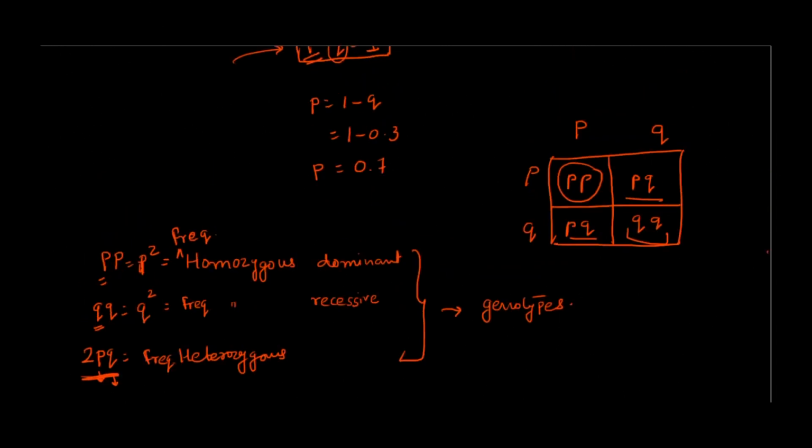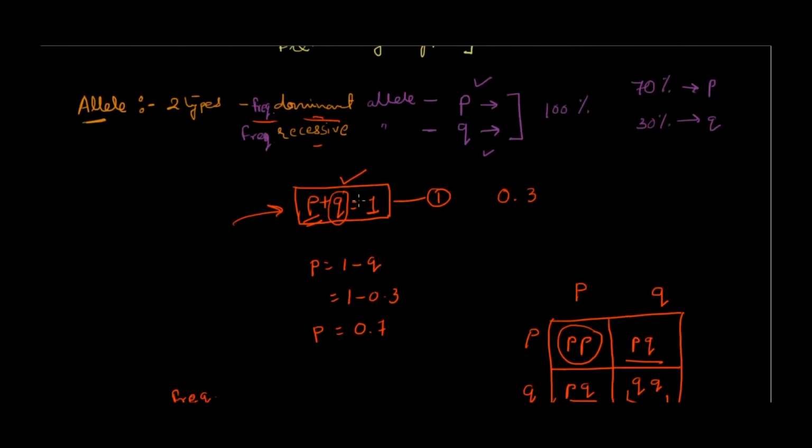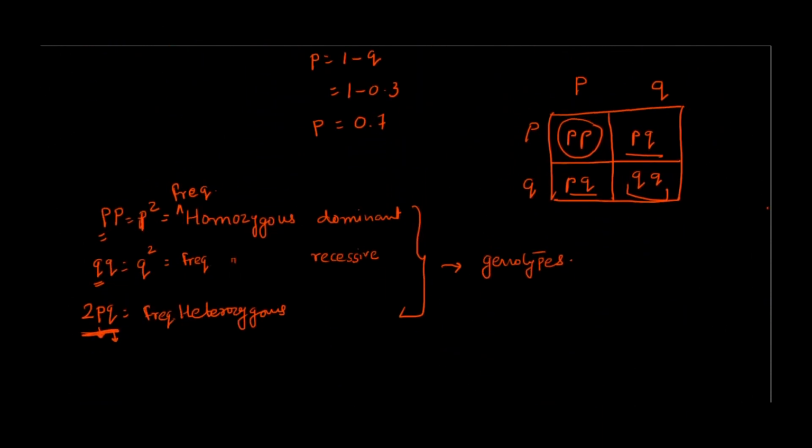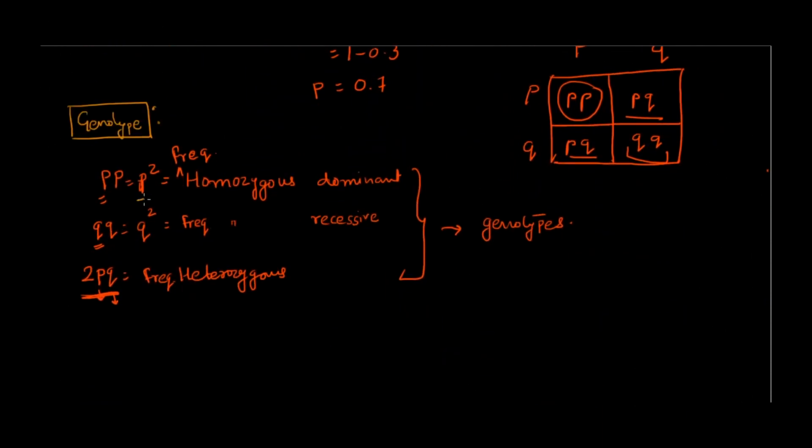So we started with alleles, right? Allelic frequencies P and Q. What are the genotype frequencies then? P square is the frequency of homozygous dominant, Q square is the frequency of homozygous recessive, and 2PQ is the frequency of heterozygous.